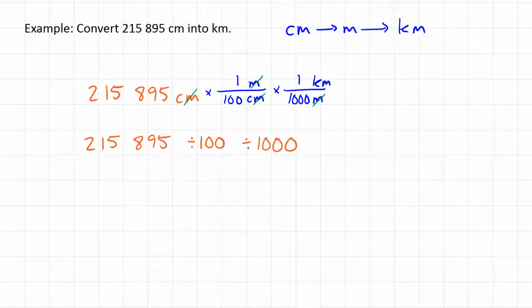And I can do all of that in my calculator. Just make sure you do it in 2 separate steps. So do the 215,895 divided by 100, get your result, and then take that and divide it by 1,000. That's going to leave us with 2.15895 kilometers.